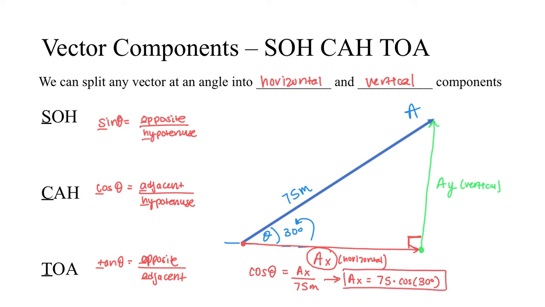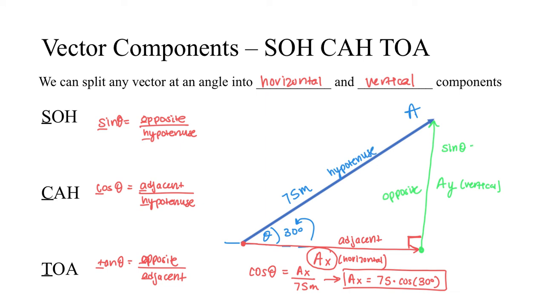Okay. Now, if I were to solve for the vertical component, A sub y, I could do sine of theta, right? Because this is the opposite. This is the adjacent side of my triangle. And this is my hypotenuse.